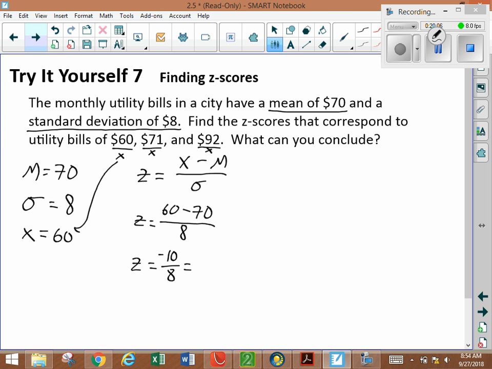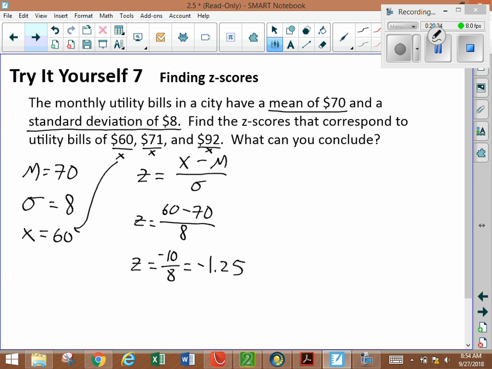You don't have to do that simplification if you don't want to. Just put it in your calculator. These are going to be decimal answers almost every time, unless it's like 1, which means it's 1 standard deviation away. This one turns out to be negative 1.25.